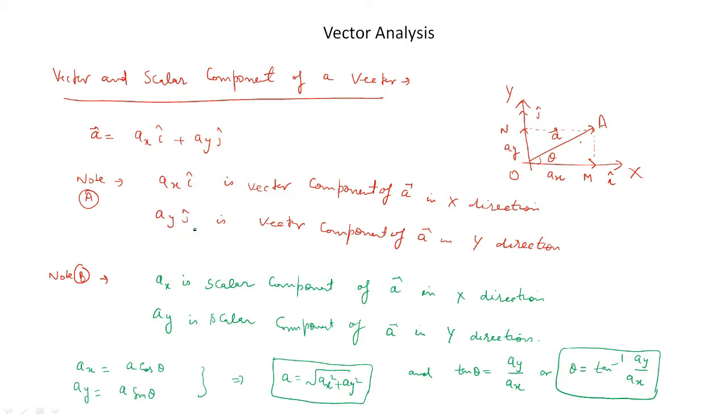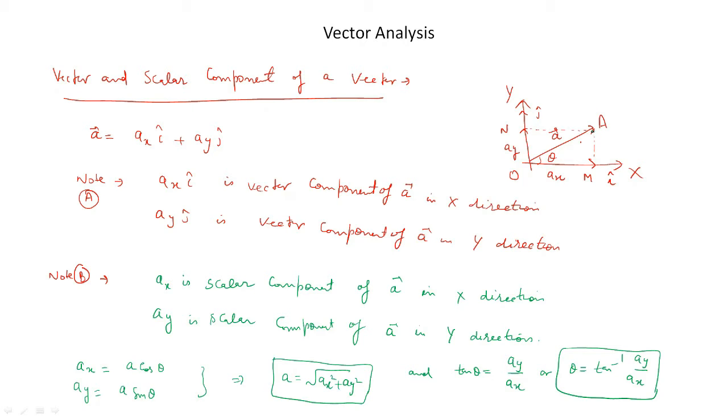Now we will define the vector and scalar component of a vector. In this diagram, you can see that the magnitude of the vector A is represented by the distance OA, and let us say it is making an angle of theta with the x-axis.